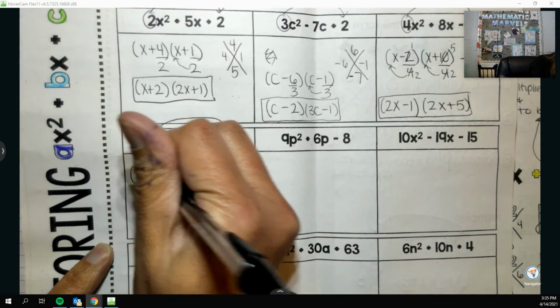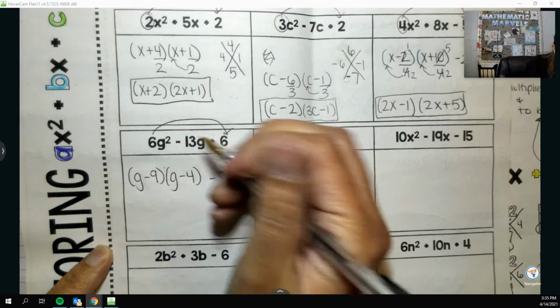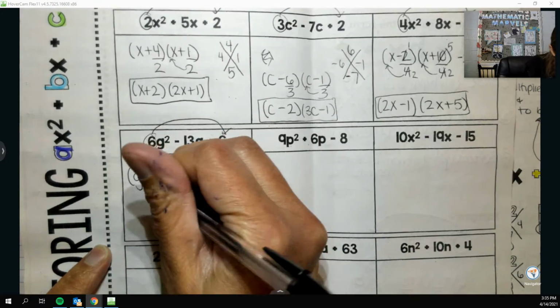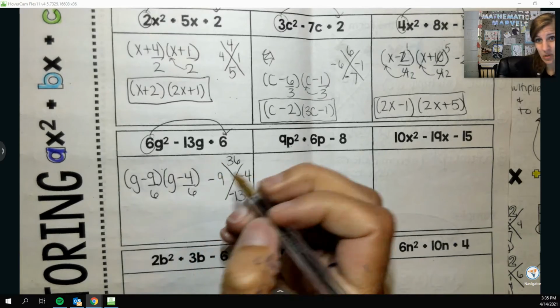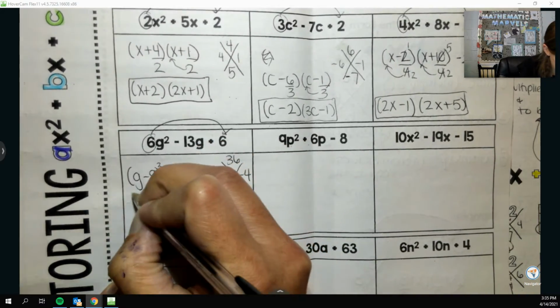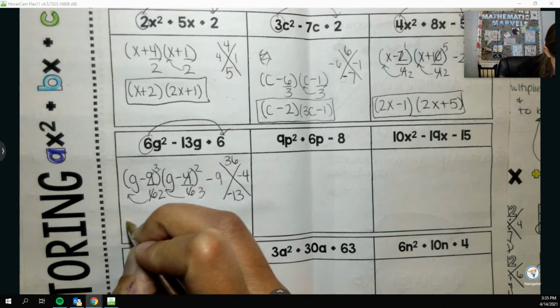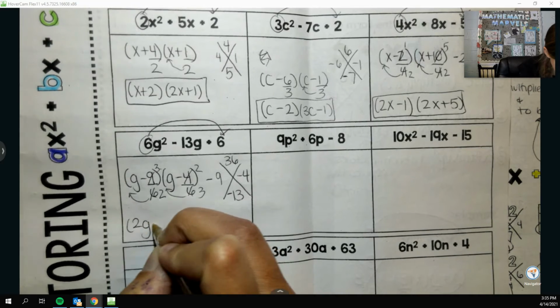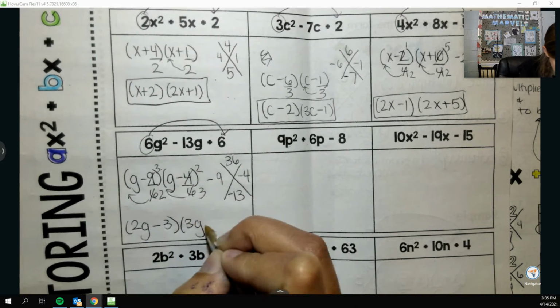So g minus 9, g minus 4, and whatever I slide, I gotta divide. And if I can't fully divide, I should still reduce. Like 3 will go into both and bottoms up, and 2 will go into both and bottoms up. So I get 2g minus 3 and 3g minus 2.